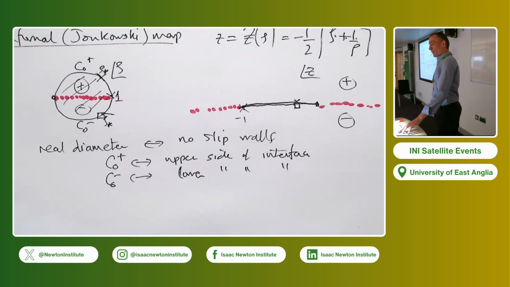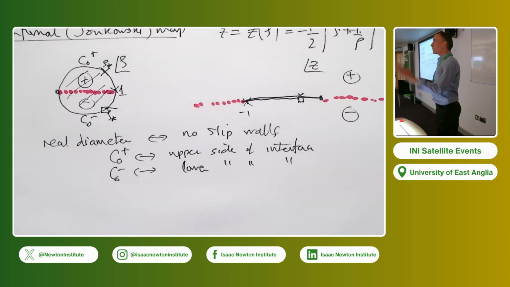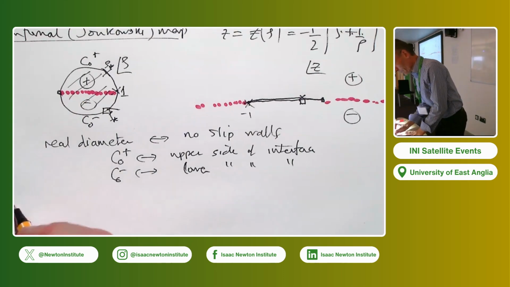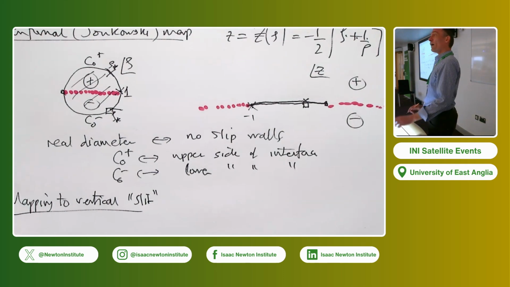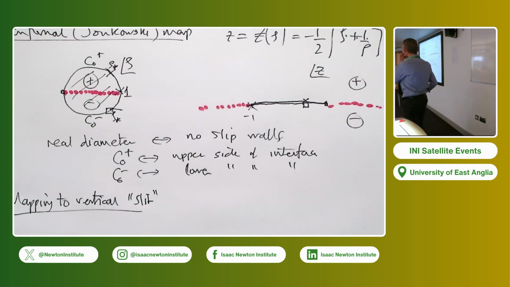What would you do if you wanted to map to a vertical slit? You want to map the same region to a vertical slit, a vertical interface. So here's what I'm asking.